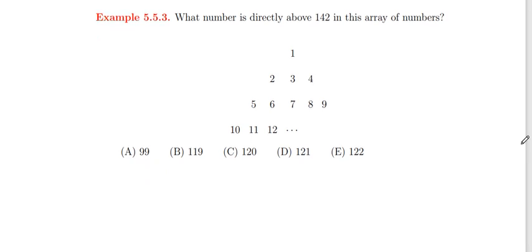For this problem, what number is directly above 142 in this array of numbers? So we find this array: the first row is 1, then we put 3 numbers, 2, 3, 4, then 5 numbers, 5, 6, 7, 8, 9, like that.